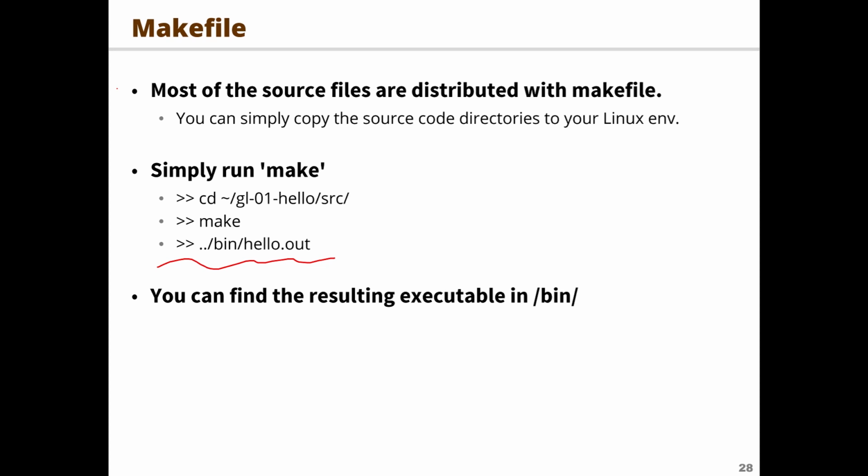That is for Linux, but we can still use GCC in Windows. In Windows, there are two ways. One is MinGW, a Windows compatible distribution of GCC. Using MinGW, we can still use GCC and makefile, and also develop OpenGL programs.